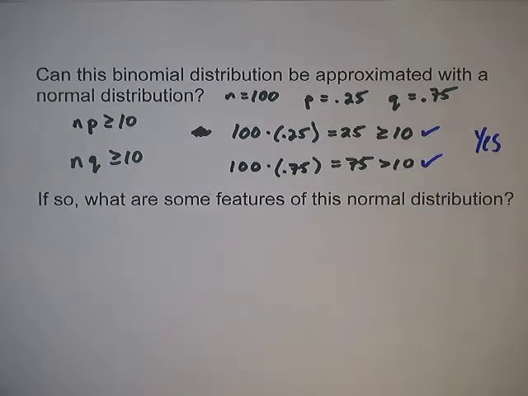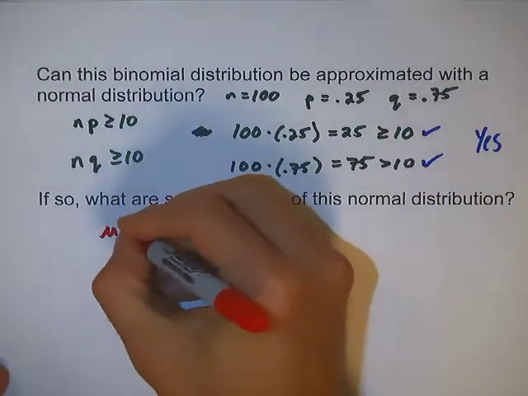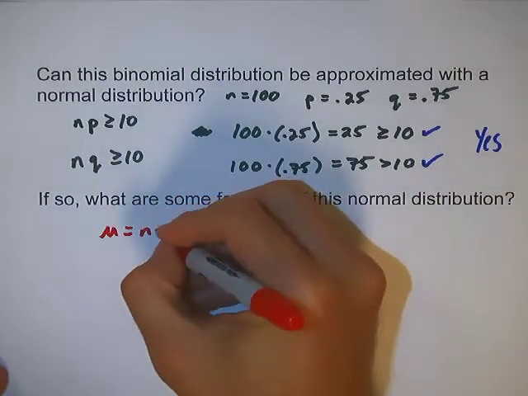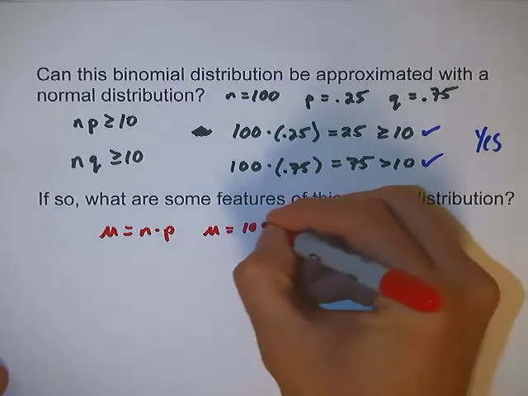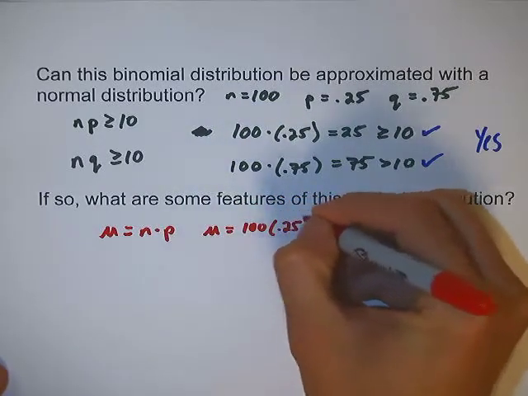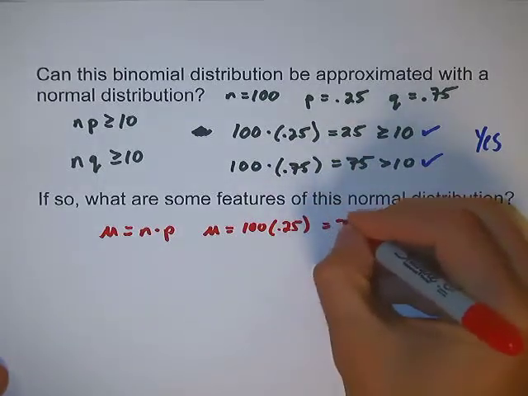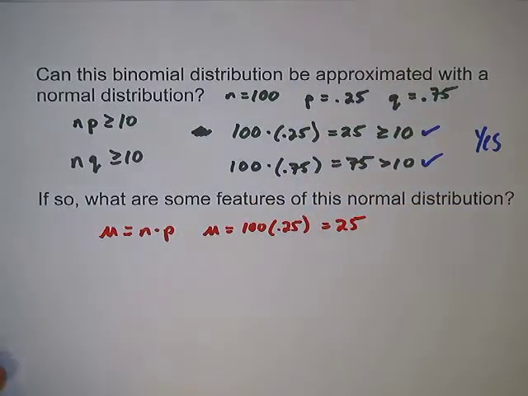So what are some features of this normal distribution? The features we're talking about here are the mean and the standard deviation. The mean is n times p. If we take 100 times 0.25, which we already did, the mean is 25 people.